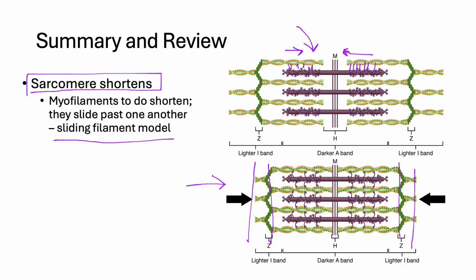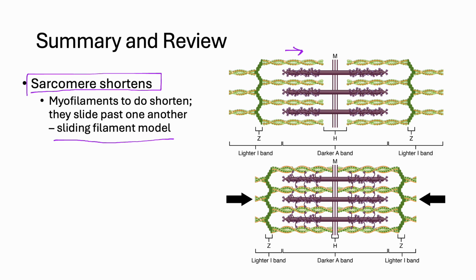Now remember, the banding patterns are what we call striations. So what's happening to these different bands? Let me erase a little bit of my marks on here so we can see the bands better. Okay, so the midline is still the midline. That doesn't change, obviously.